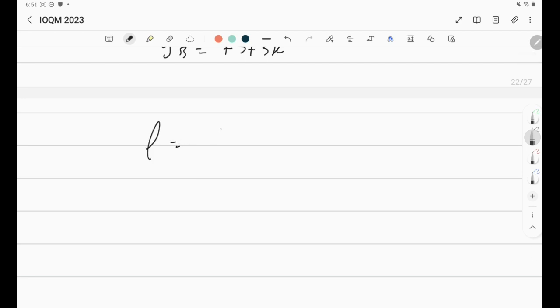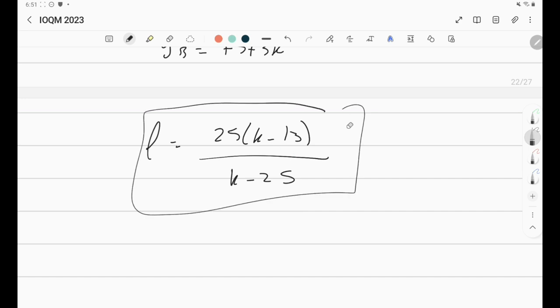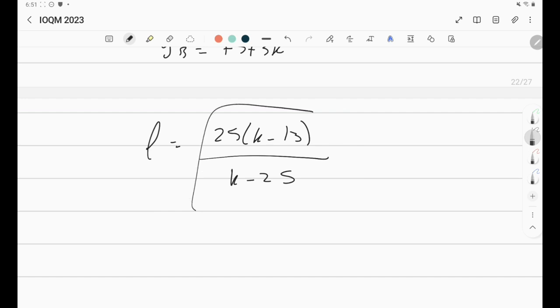L is just equal to 25 times K minus 13 over K minus 25. And now what we know from this is that L and K are integers. So this thing is an integer, so K minus 25 divides this, but if you just use mod here, then K minus 25 must divide. If you take mod the denominator, then K is 25, plug K equals 25 here.